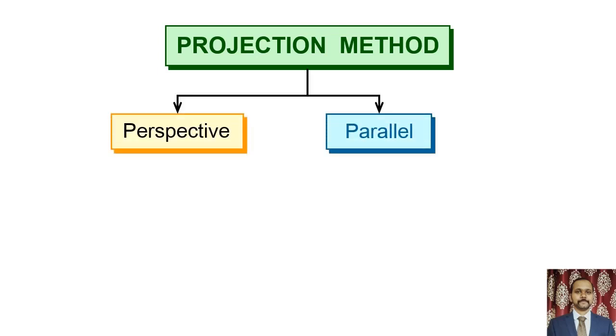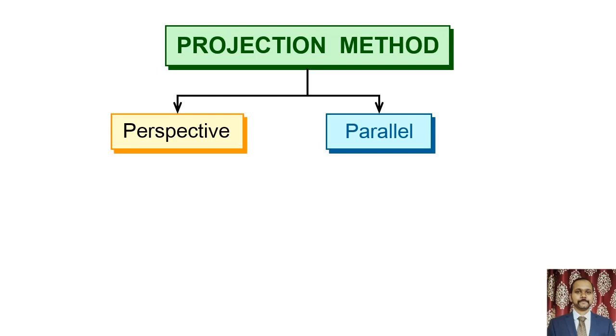There are types of projection methods we have. First one is the perspective projection method, and the second one is the parallel projection. What is meant by perspective and what is meant by parallel projection method, that we are going to see.